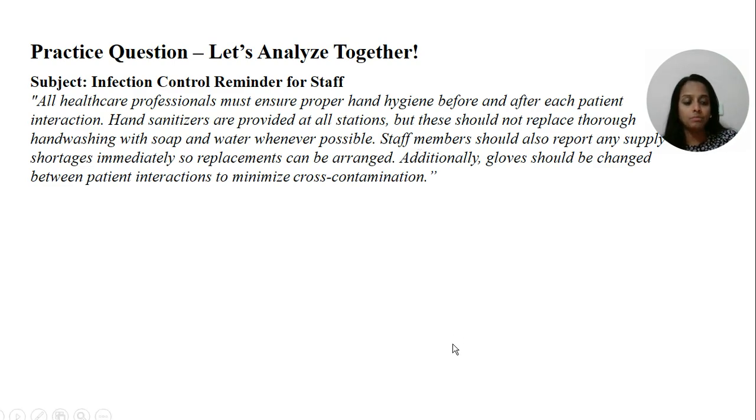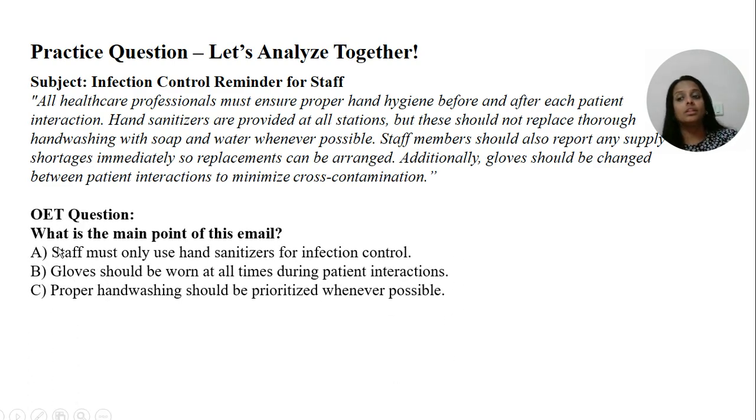Now, when it comes to questions, these are the OET question. What is the main point of this email? Option A is staff must only use hand sanitizers for infection control.